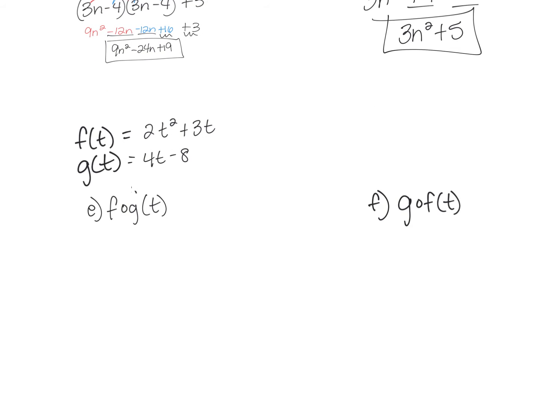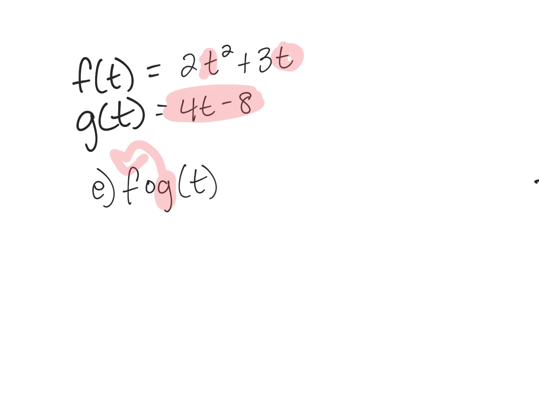So I need to find f of g and g of f, so I'm going to do f first. So let's do f of g. So you're finding the g and plugging it into the f. So we're taking this and plugging it in for here, but you need to be careful on this one because there's 2 different places that they have a variable in f of t. Okay, so let's do it.